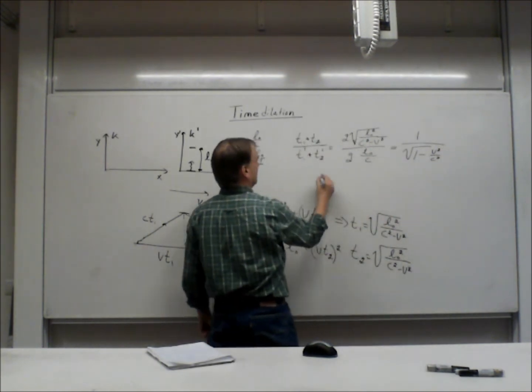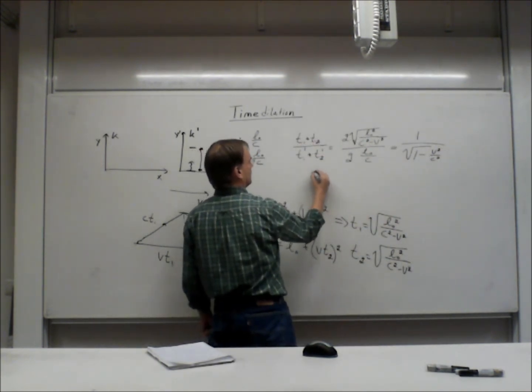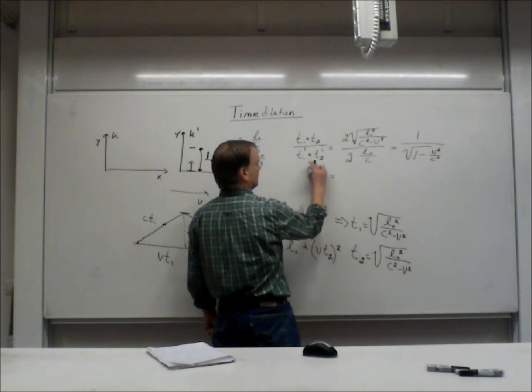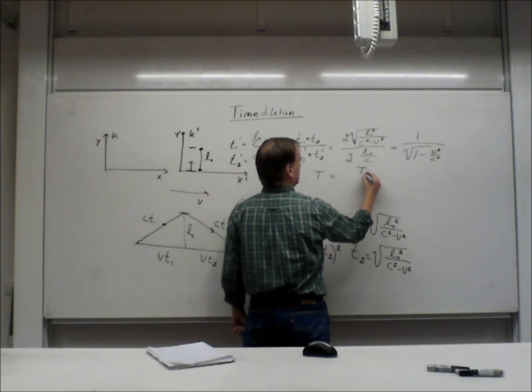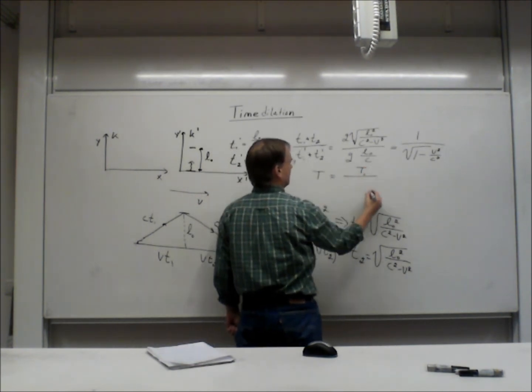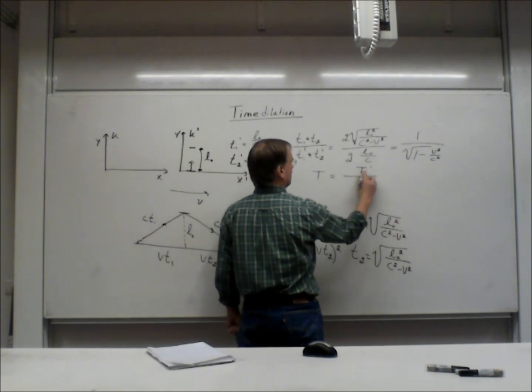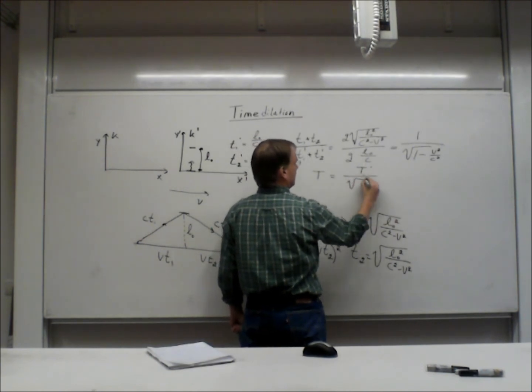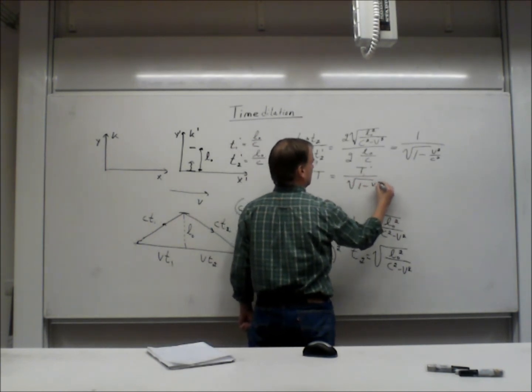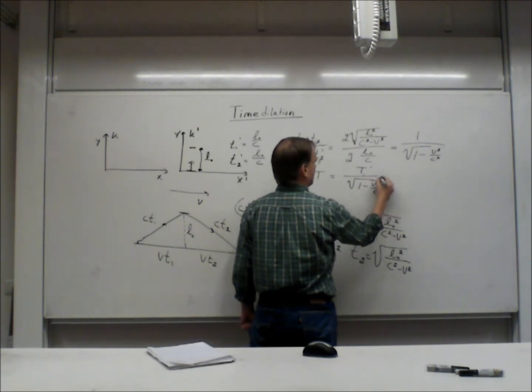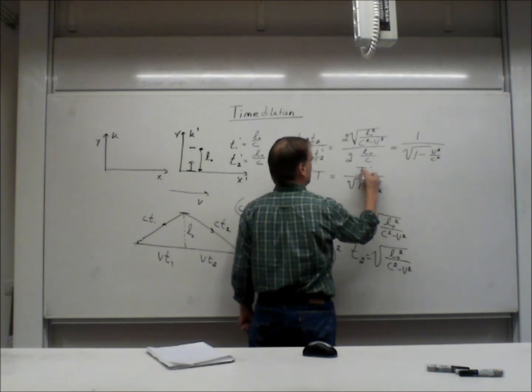And here we see that this time interval, which we can call t, is equal to the time interval in the system where the clock is at rest, t prime, divided by the square root of 1 minus u squared divided by c squared.